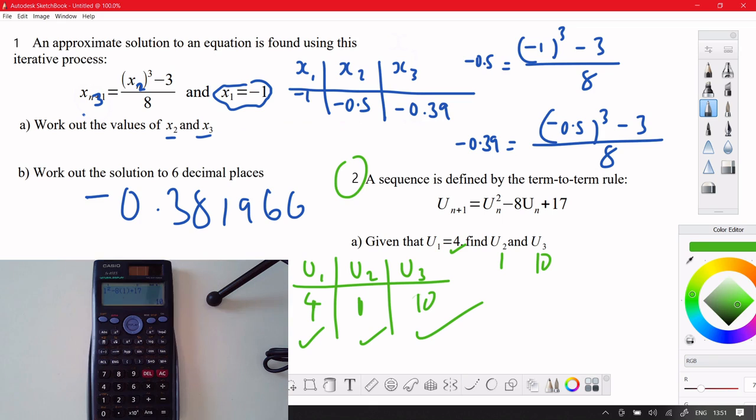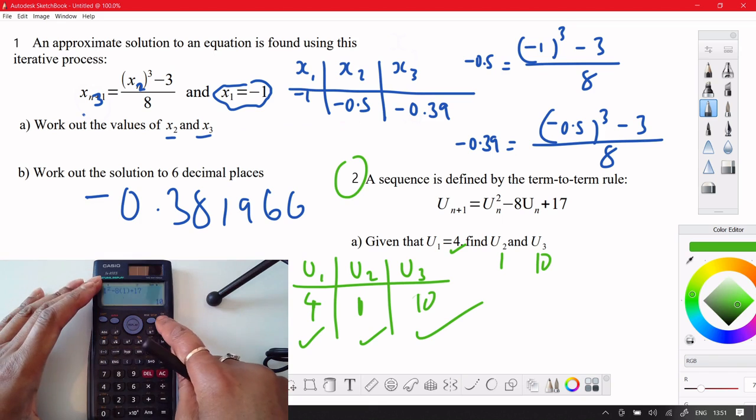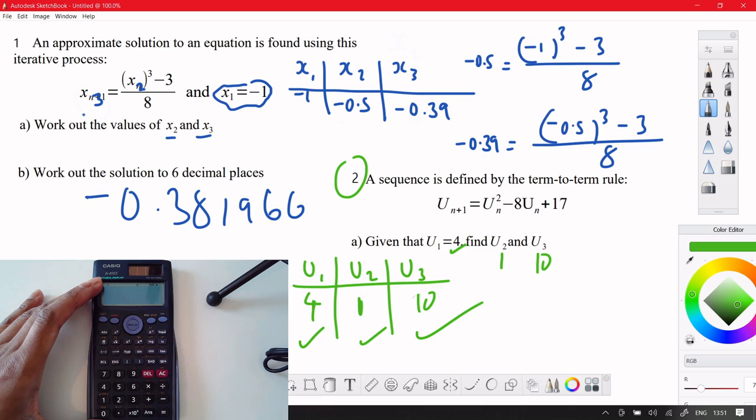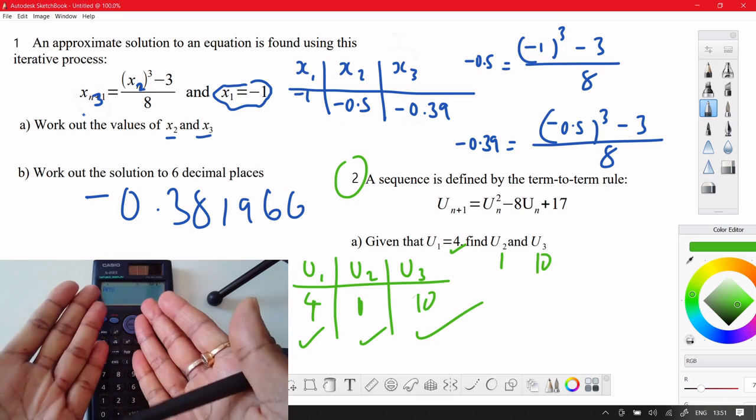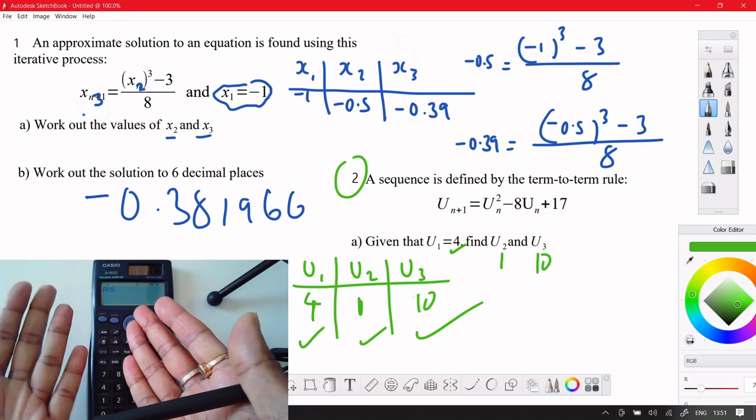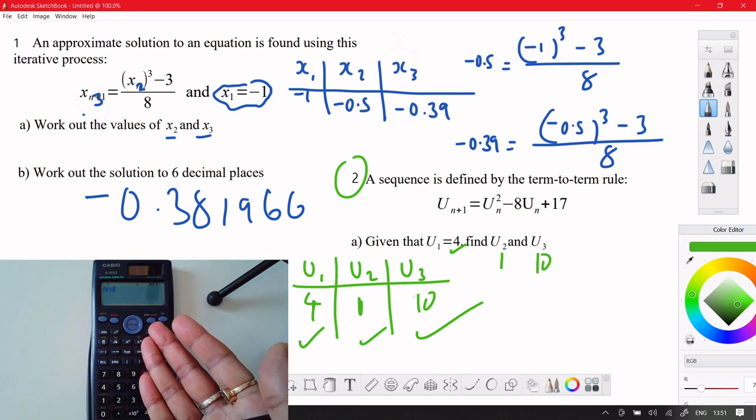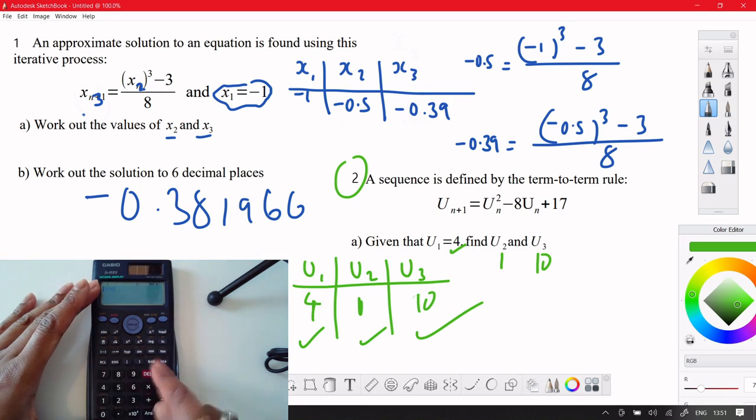One thing you need to be aware of is when you're doing the iteration formula for the first time, like if I look at question 2 again, the first one is 4. I would not use the A and S button at this stage because you don't know what calculation you did on this calculator. It could have been percentages, could have been anything in the past, so you don't know what's in the A and S. So always start off with the first value.